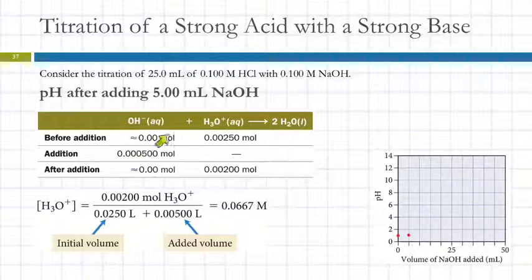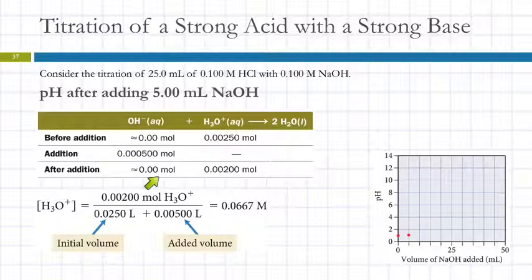And so we can look at the stoichiometry here using moles. It gets very messy when we look at volumes with everything. So what we'll do is we'll find out how many moles of hydronium ion are there, and then we'll convert to molarity at the end. So 25 milliliters of 0.1 molar HCl, I've got 0.00250 moles of hydronium ion. I'm adding 0.0005 moles of hydroxide. This would be a lot easier with millimoles.